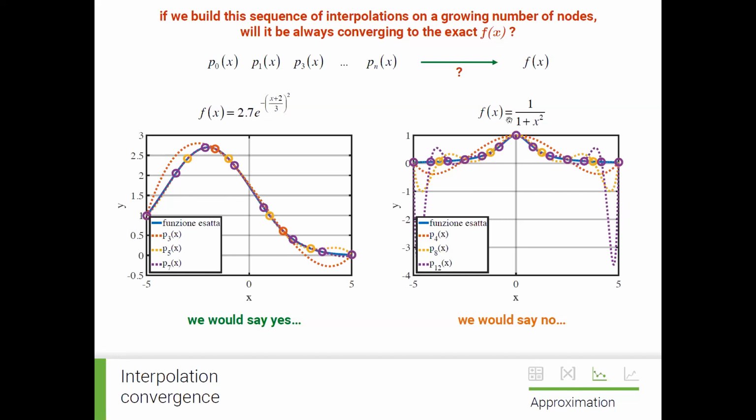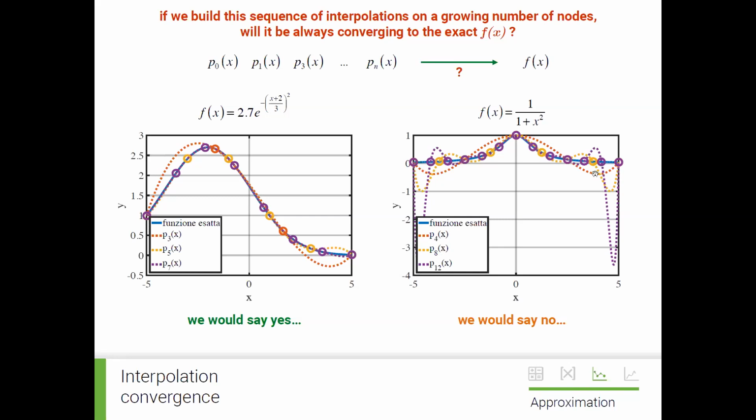But if we consider the second function, f of x is equal to 1 over 1 plus x squared. You can see the graph of 1 over 1 plus x squared in blue, and the graphs of the corresponding interpolations P4, P8, and P12. P4 is in brown, P8 in yellow, and P12 in violet.